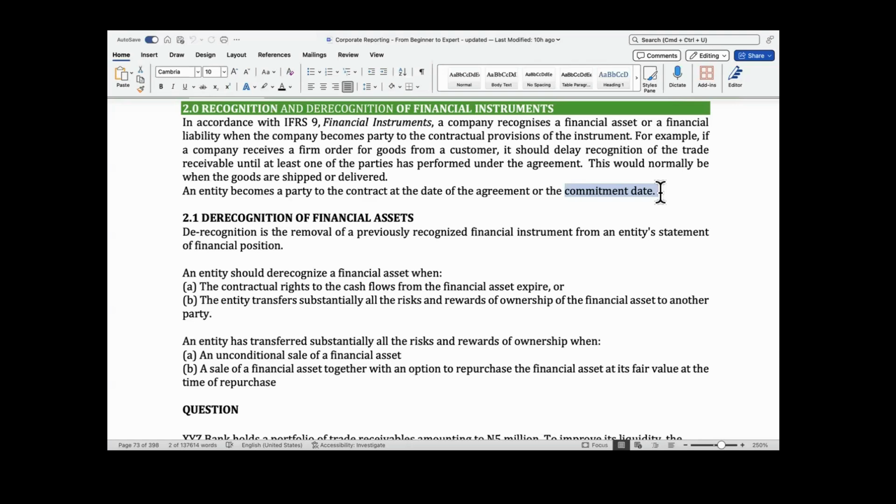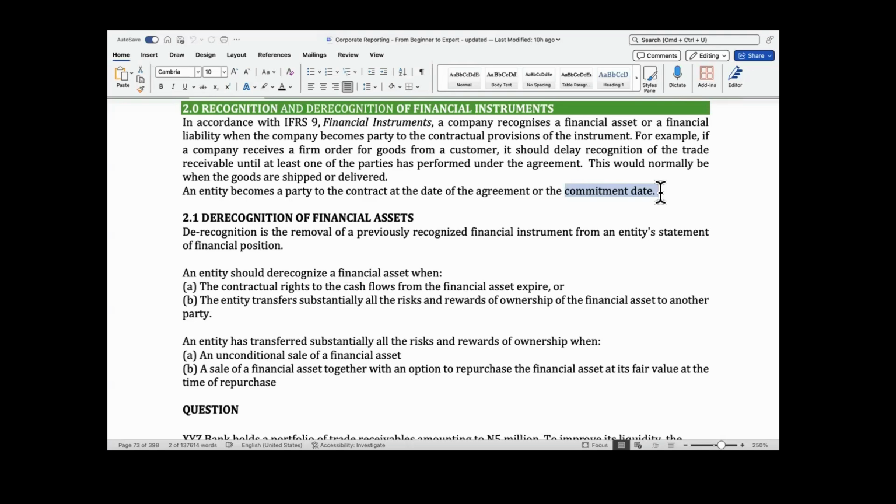At least one party must have actually performed. Either the guy has paid or you have transferred goods. It is at that point that you can say, now I have a trade receivable, now I have a trade payable. There has to be an agreement or a commitment.